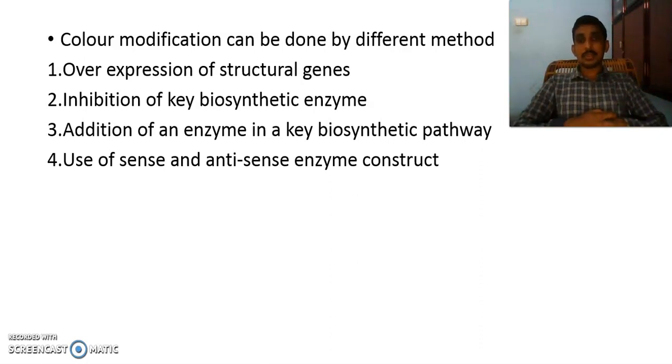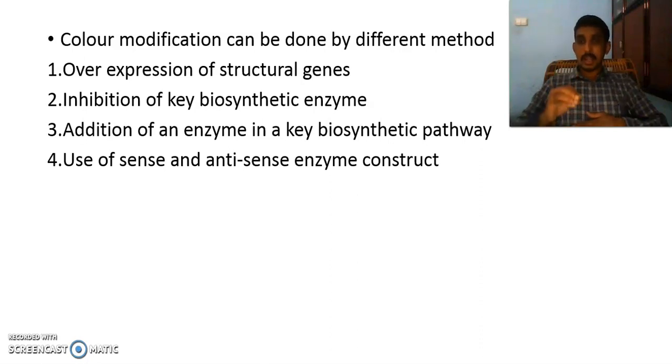And like that, use of sense and antisense enzyme constructs. We can also depend on the RNA silencing technique in order to prevent the gene production of any of the previously described 6 enzymes. We know that enzymes are mainly gene products.